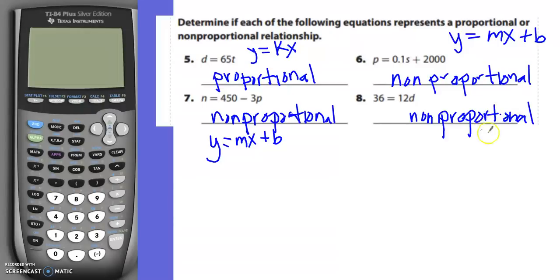Yes, it looks like a multiplicative relationship, but actually this is just a one-step equation. And if you divided both sides by 12, you would get d equals 3, and that's just a single point. So that's not a line.